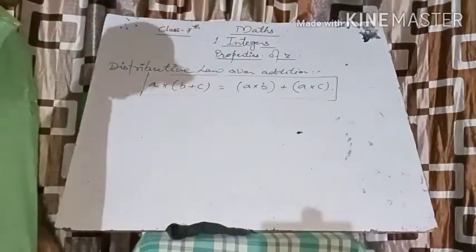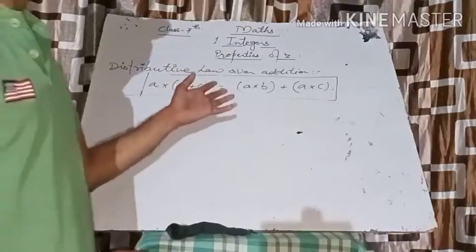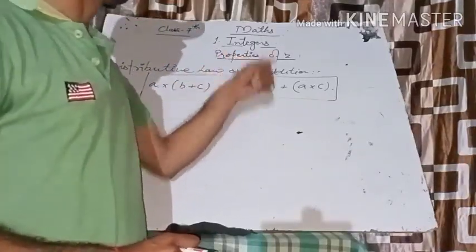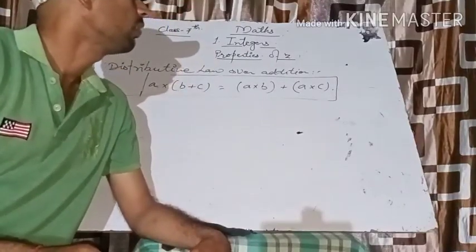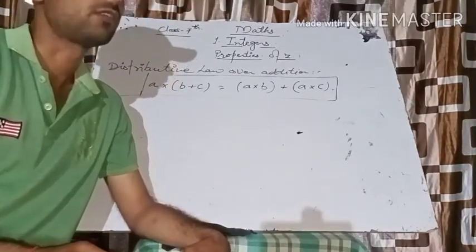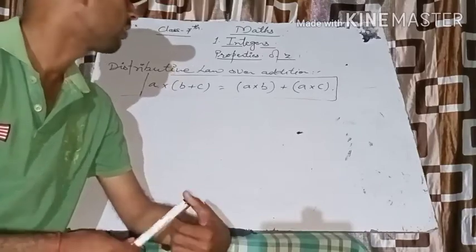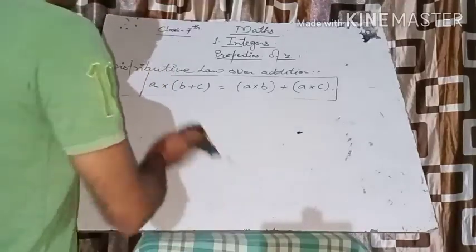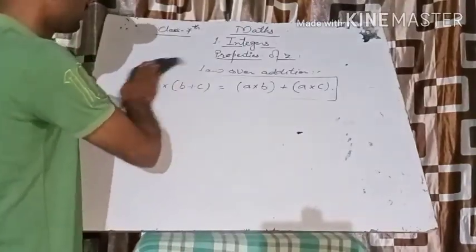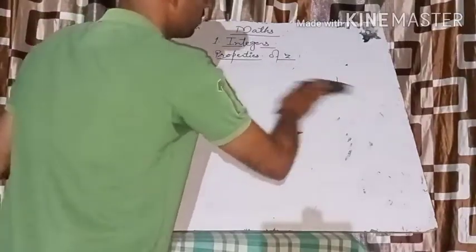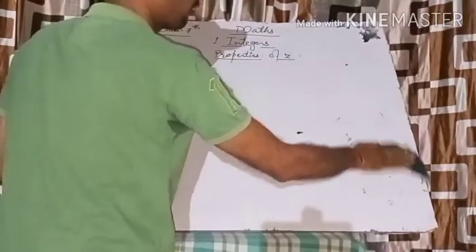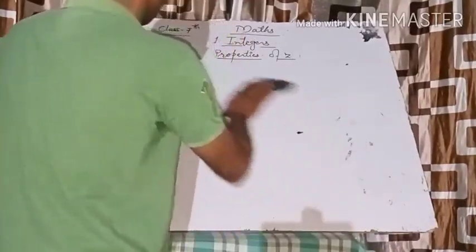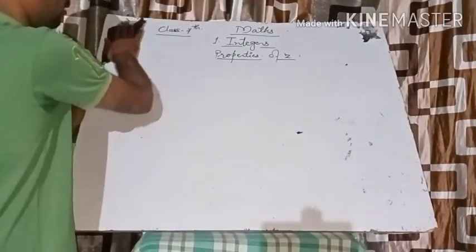Now come to the next point, that is the properties of the integers in case of division. In case of division, integers don't follow these properties.